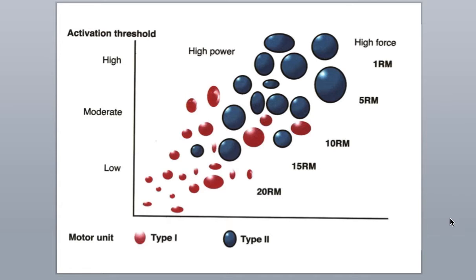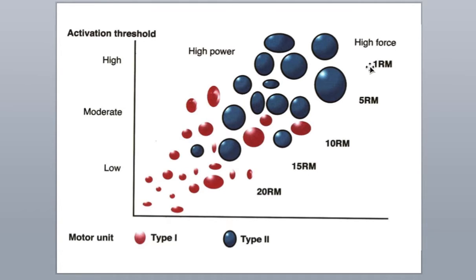So this is a figure. This one is not in your book, but it is important for describing the motor unit recruitment. The smaller motor units, generally speaking the type 1 muscle fibers, are going to be recruited first. If we look at this figure, we have 20 repetition maximum down here, so even down here, maybe you're looking at 30 repetition max and higher.